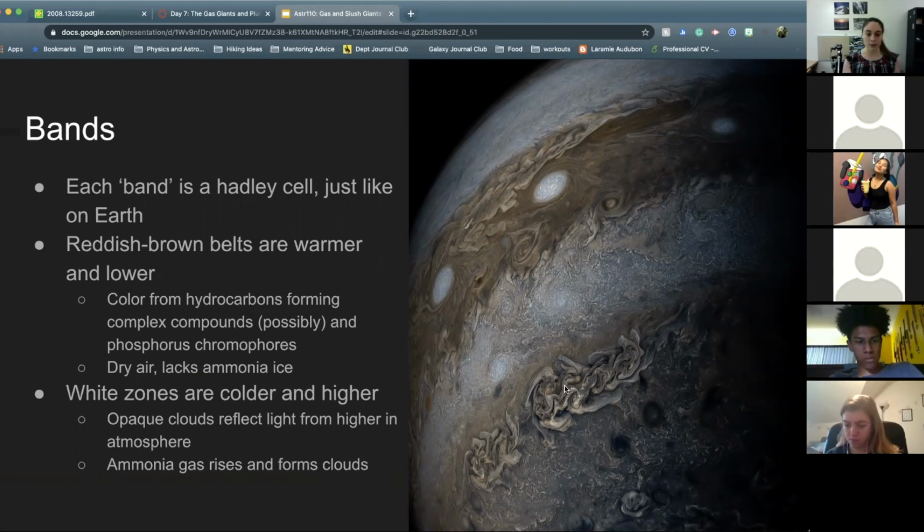So the white zones are made of ammonia gases and ices, so mostly water and ammonia gas and ices that have risen and frozen and become clouds, whereas the reddish brown belts are from hydrocarbons, so hydrogen and carbon molecules bound together with some potential phosphorus and other elements in those brown bands. They're lower, they're drier, and they lack ammonia and water ices. We get this mostly from their colors.